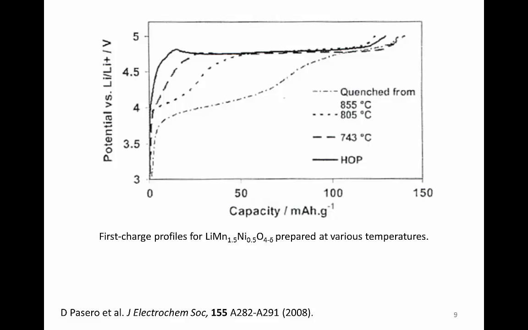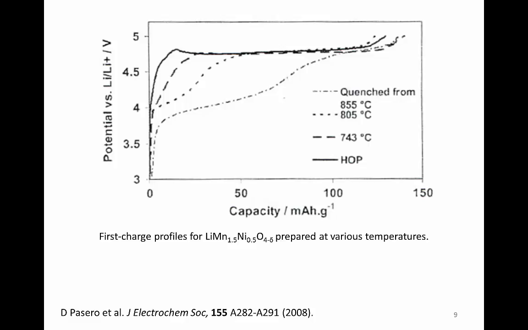And what the graph shows is how the potential of a cell using this as the cathode varies during the cycle of charge and discharge. This material was first synthesized maybe 15 years ago and was quite exciting because it's quite a high voltage cathode.